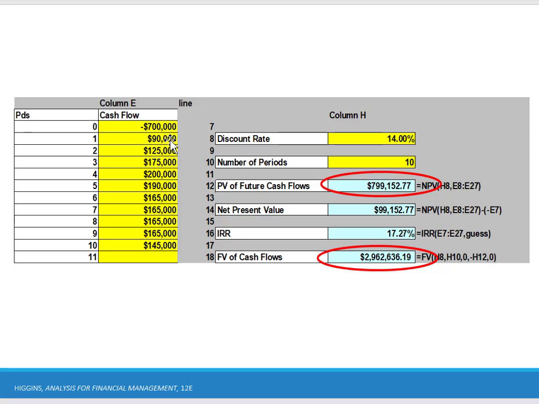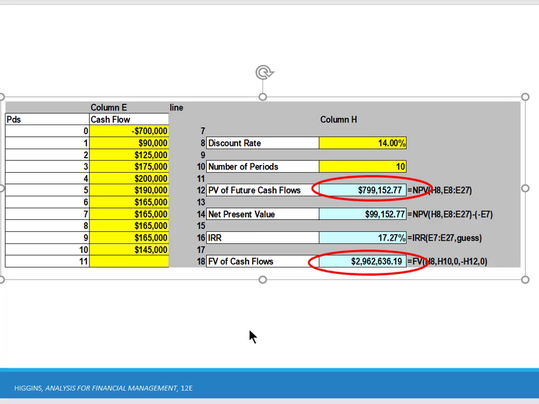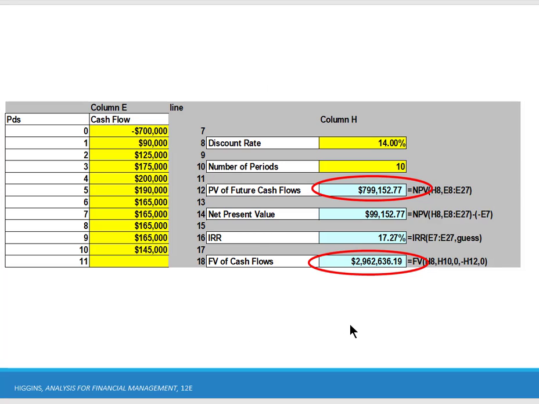That makes some of the formulas a little bit tougher, but we need to tell the computer that it's negative. And this, again, is important for some of the techniques and the formulas, especially in Excel. So the net present value then is that 799,000 minus that 700,000. So the value is $99,000.